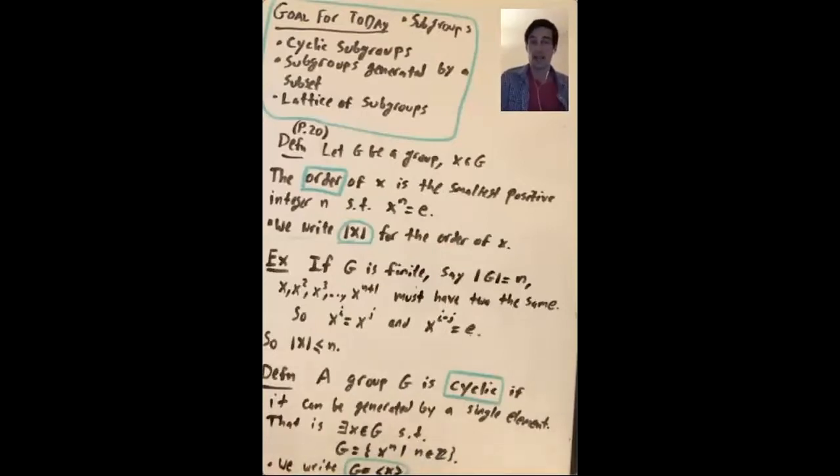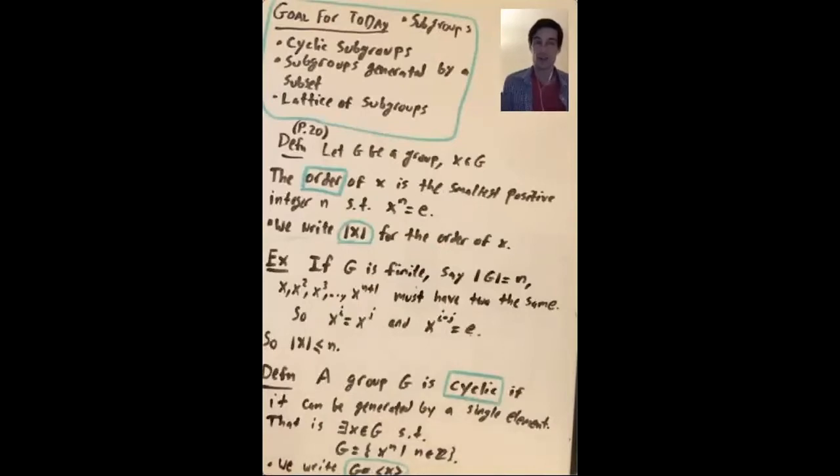That includes x to the minus 1, which is x inverse. You have all the powers of x and all the powers of x inverse. If there exists an x so that G can be written in this way, then G is called cyclic. We say that x is a generator for G, and we write G equals angle brackets x. This notation is going to be really important.